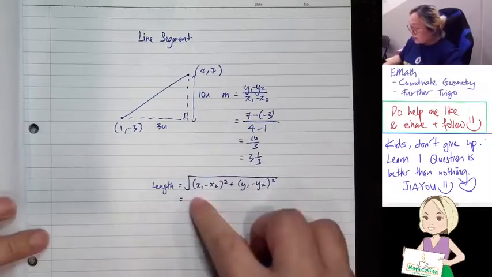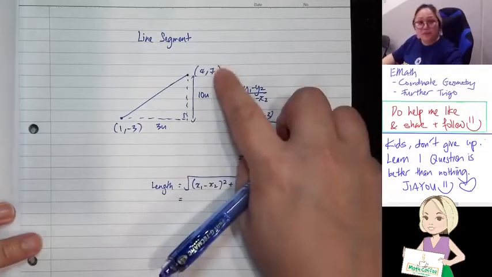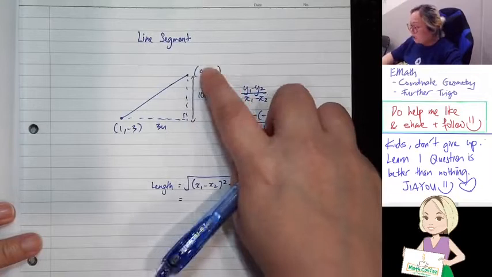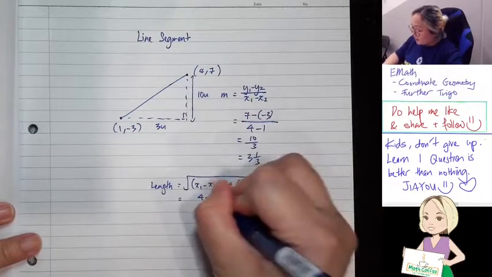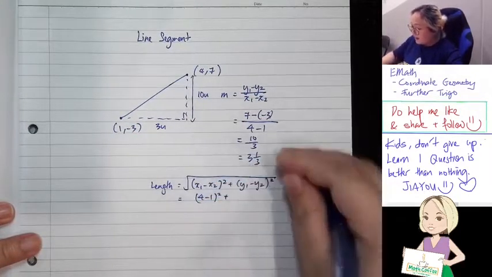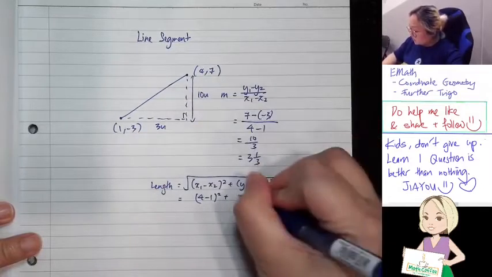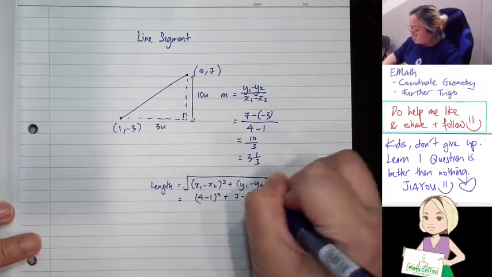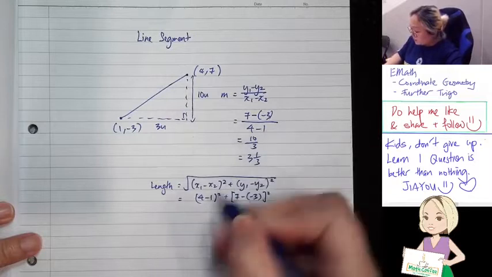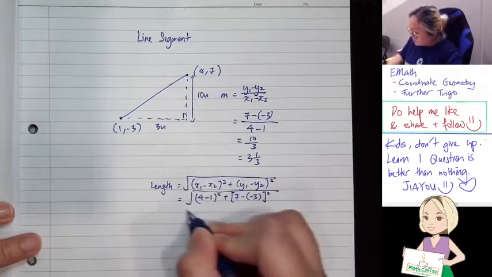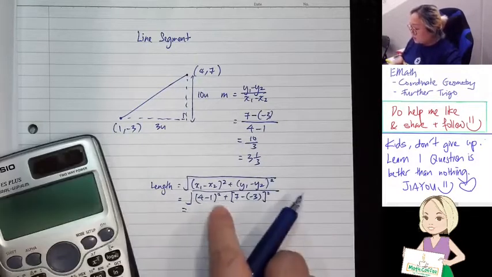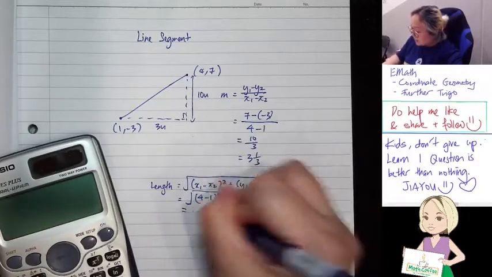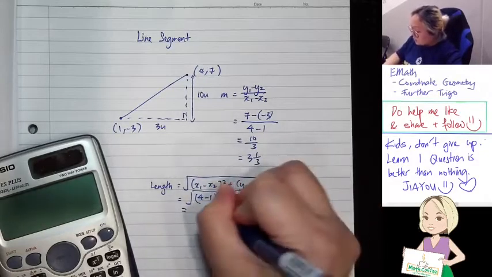So just now I let this be my x1 and y1. So 4 minus 1 squared plus 7 minus -3 squared, and square root. 4 minus 1 is 3, and 3 squared is 9. 10 squared is 100.